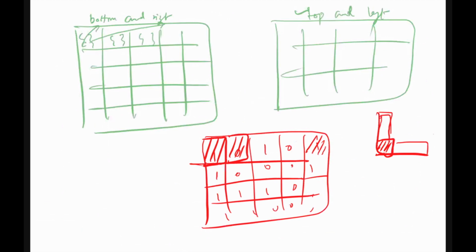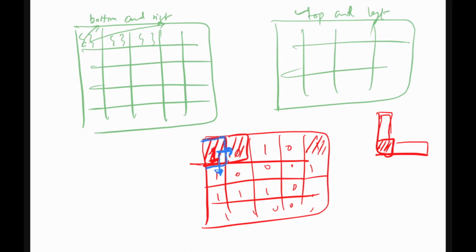And now how do we create these two matrices? When we are on this cell which has a value 1, either we can go to the right or we can go down. When we go to the right, we are calculating the total number of consecutive ones to the right of this cell, and when we go down, we are calculating the total number of consecutive ones down from this cell.